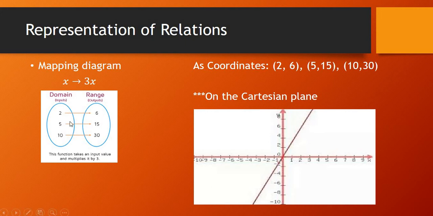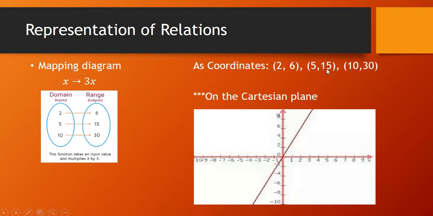Now, these values, we can represent them as coordinates. So 2 is mapped onto 6. As coordinate, it would be (2, 6), where 2 is the x coordinate and 6 is the y coordinate. 5 mapped onto 15 can be represented as coordinate, which is (5, 15).